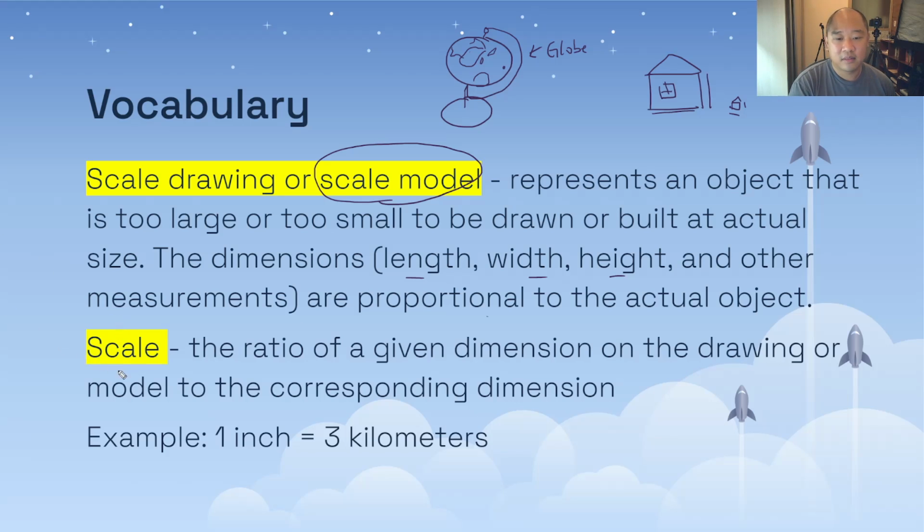Scale is the ratio of a given dimension on the drawing or the model to the corresponding dimension. For example, if we're looking at a map of Kaohsiung and 1 inch on the map is 3 kilometers, then the scale is 1 inch to 3 kilometers.